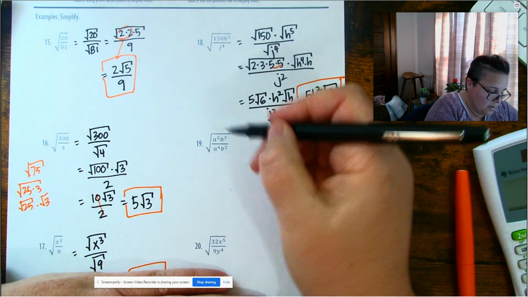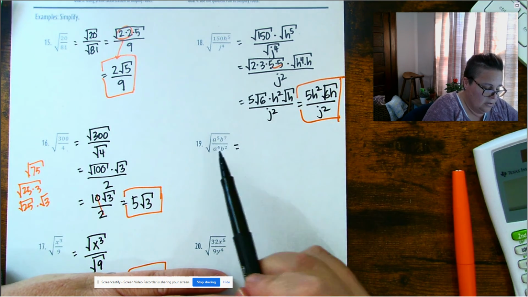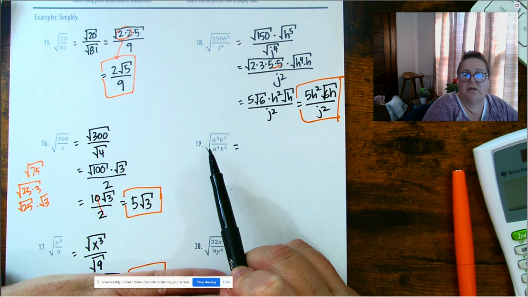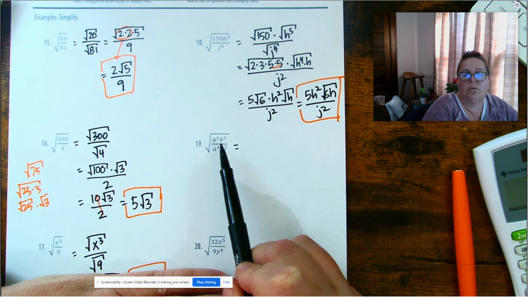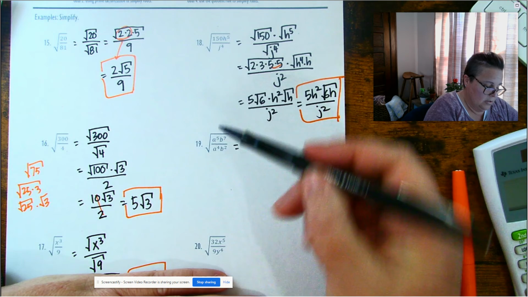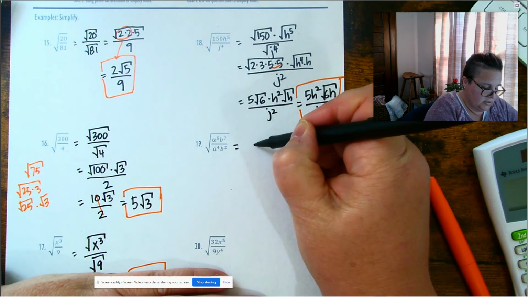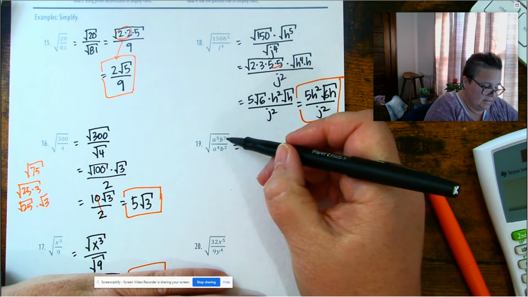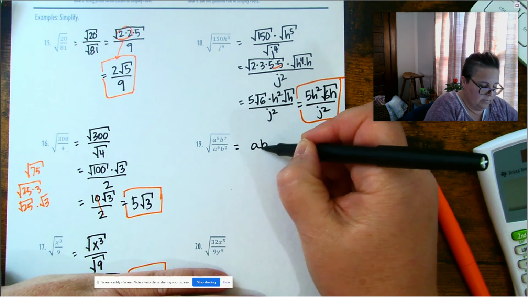All right. So for number 19, look at this, I can cancel. A to the 5th over A to the 4th is just going to be an A. And B to the 7th over B squared is going to be a B to the 5th.